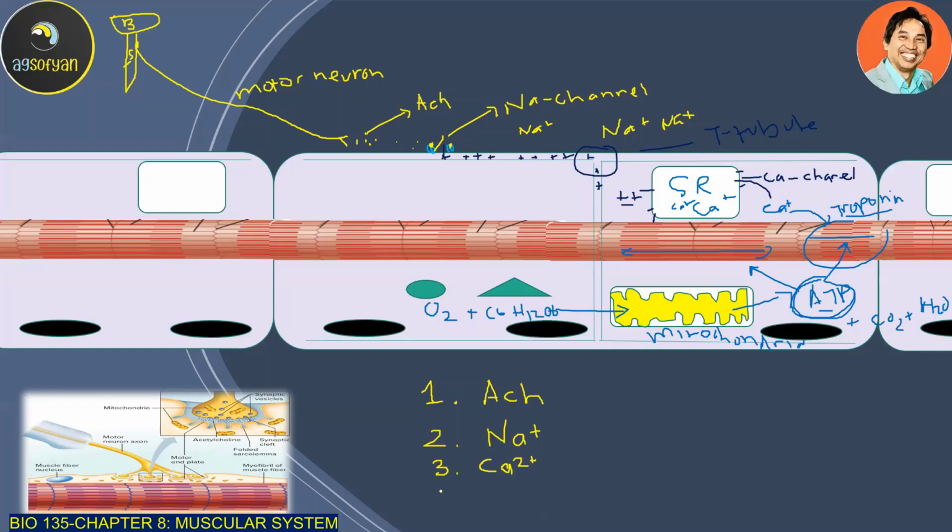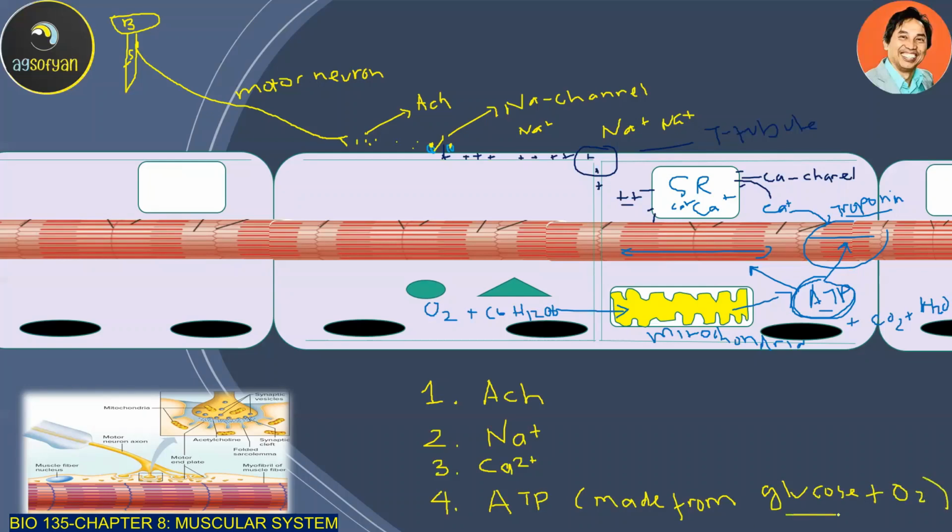Okay? And then in order to contract, we need the ATP. This is the energy for contraction. And remember, ATP is produced from glucose plus oxygen.